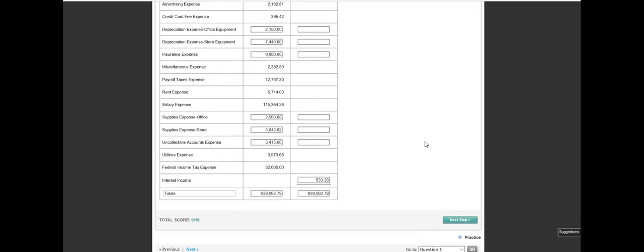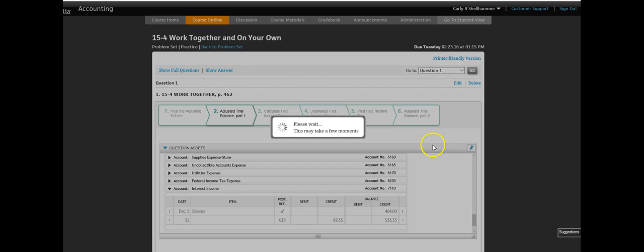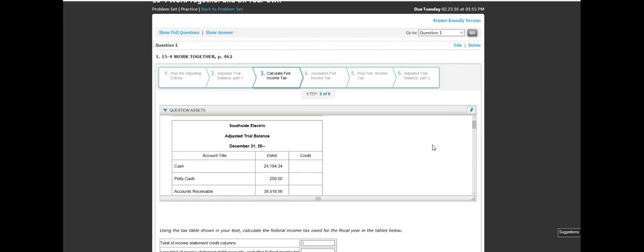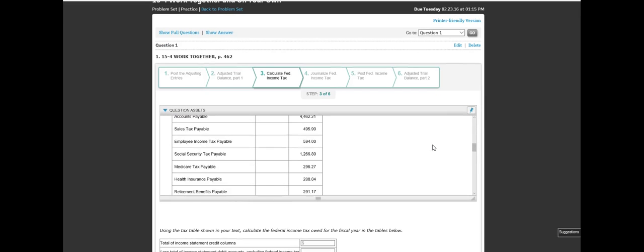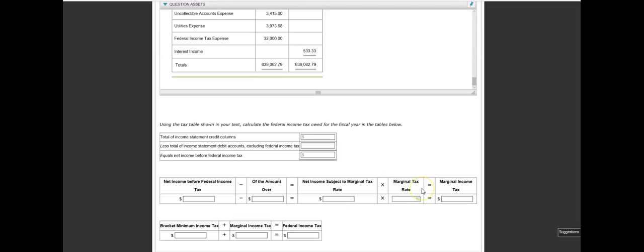Okay, let's calculate the federal income tax. See if you did that right. Hey, we did! Isn't that so cool? Alrighty. Okay, so total of income tax statement credit columns.